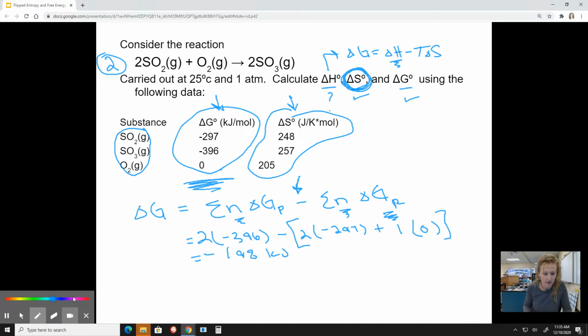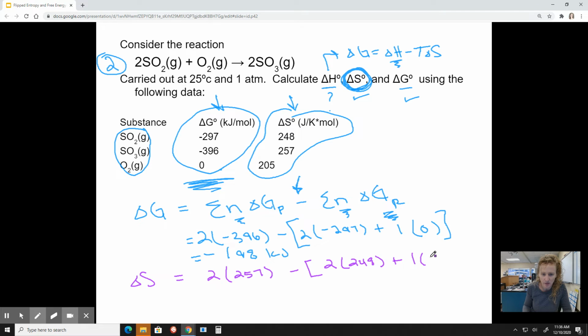Okay, now let's look at delta S. Similar idea. So product SO3 is 257 minus all the reactants. So we have 2 times SO2, which is 248, plus 1 times oxygen, which is 205. Okay, and we can calculate an answer out there.